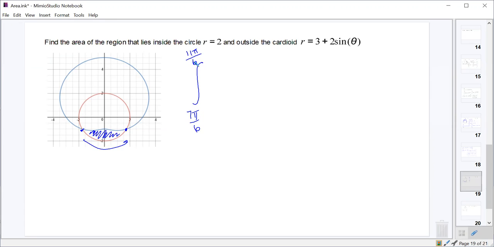Everybody good with that? It'd be a 1/2, and then the outer one is our 2 squared minus our inner one, which is our 3 plus 2 sine theta squared d theta.